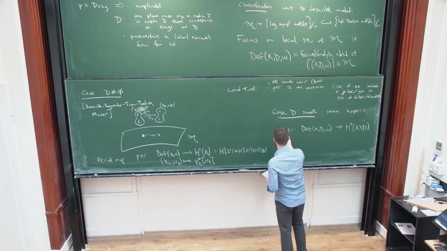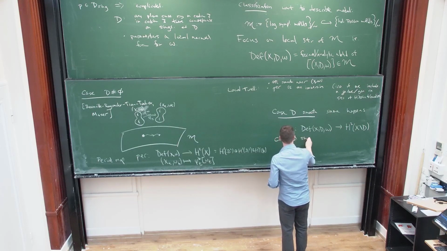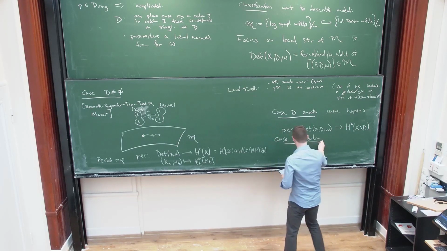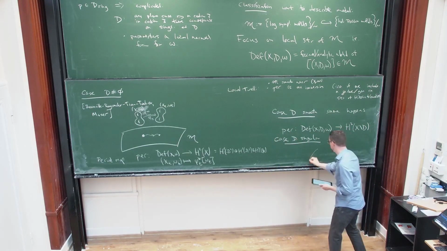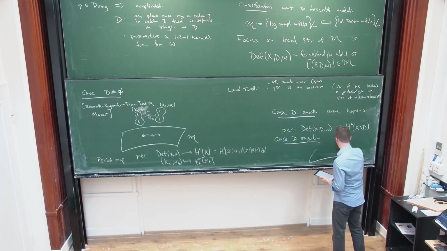Okay, so when D is singular, things become much more complicated. Now the moduli space ends up being singular itself.